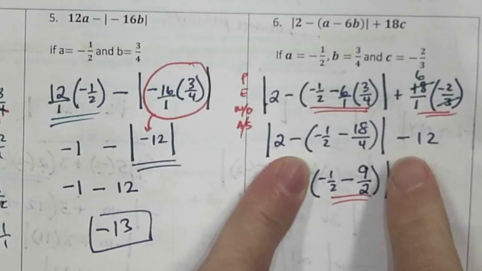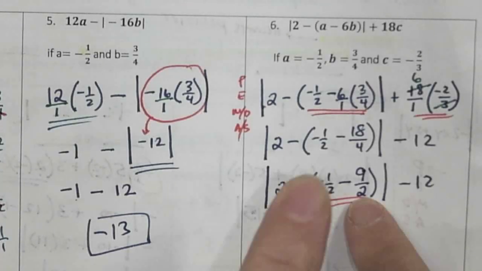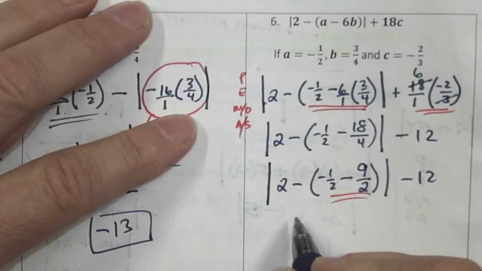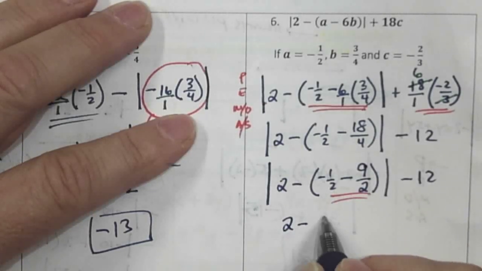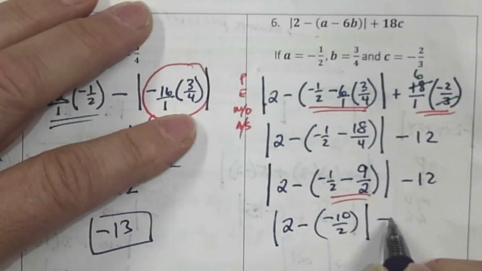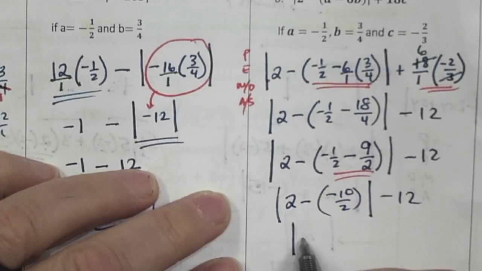Focus right here. What is -1 minus 9? -10. -1 minus 9 more is -10. So we get -10 over 2, absolute value, minus 12. What is -10 divided by 2? -5.